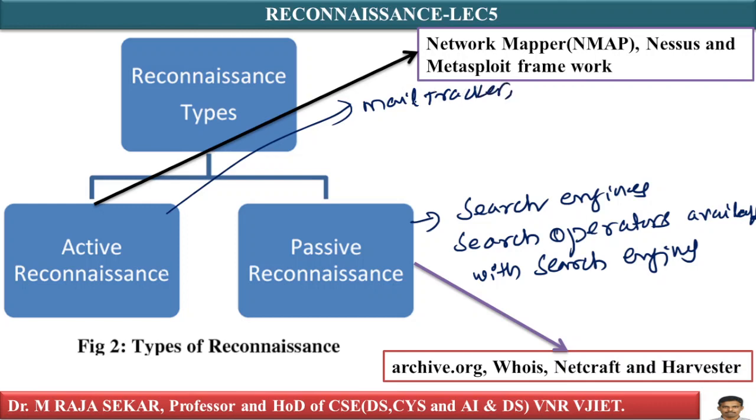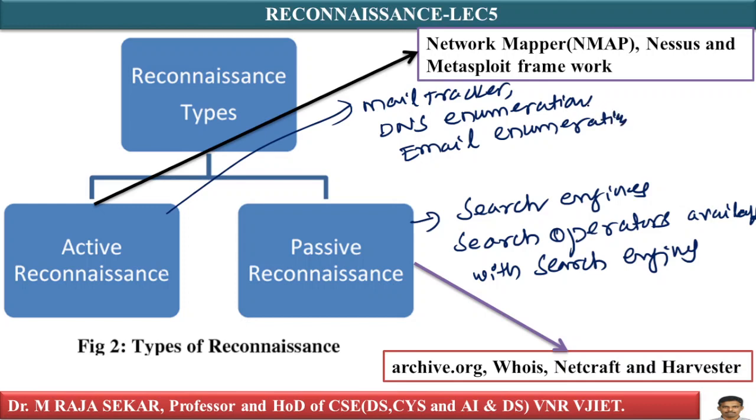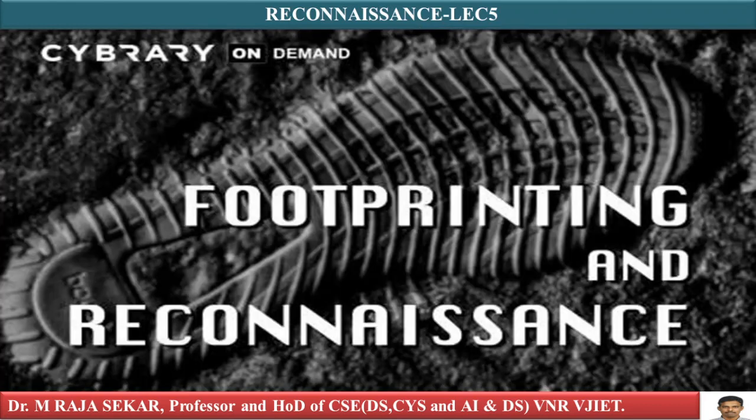Mail tracker, DNS enumeration, email enumeration. All these enumeration techniques I will discuss in my future classes. This is a brief description of passive reconnaissance and active reconnaissance. I will discuss these reconnaissances in my future classes in a detailed manner.